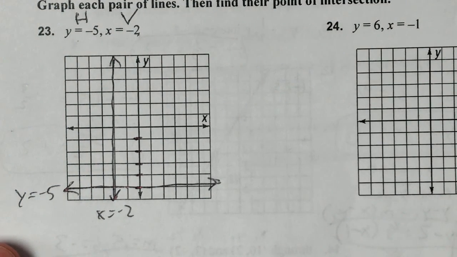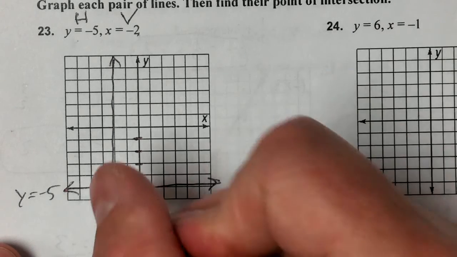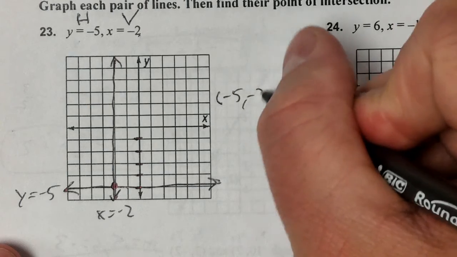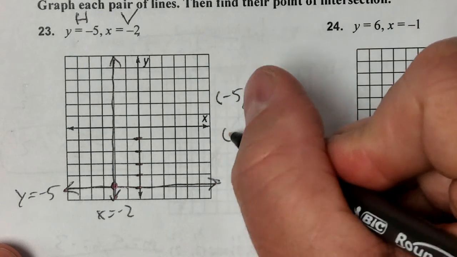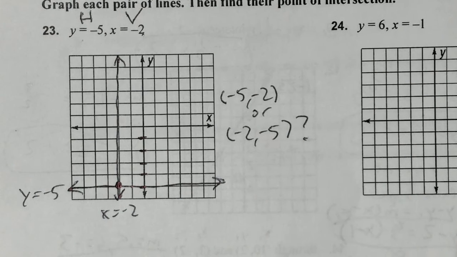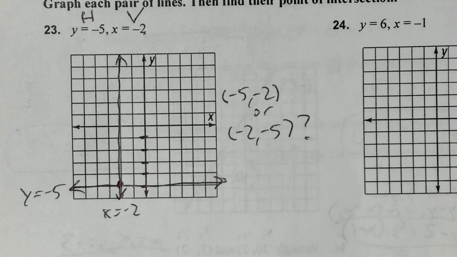So then what I'd want to ask you is this particular point: is it -5, -2, or is it -2, -5? Only put the right one. Which one is it? Does it start with -5 or does it start with -2? Right.